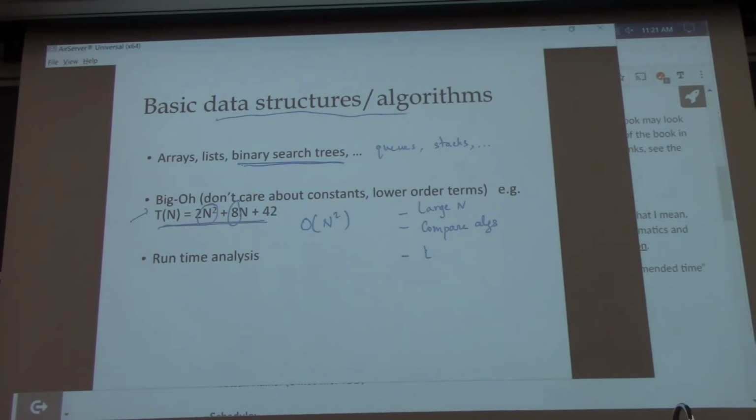So what you want is a measure which is not quite dependent on the machine itself. And writing things in big O notation makes that point very clear. It gives a kind of hardware independence, if you will.